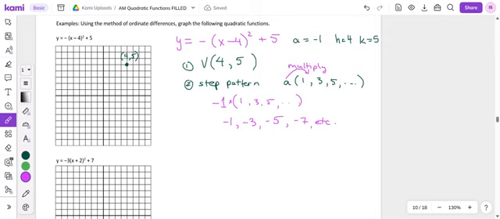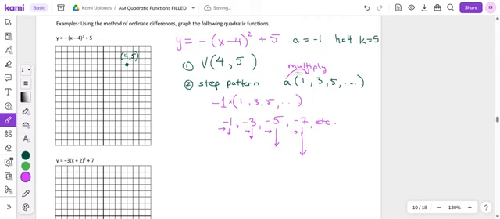Okay, so what do I do with this? Remember, the step pattern tells me how much to go down by. I always go one across, and then I change how much I'm going down by. So I'm going to go down by 1, down by 3, down by 5, down by 7. Always going one across.